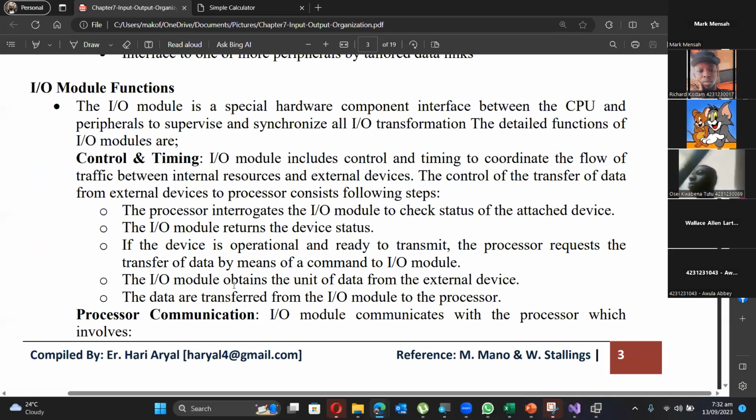The IO module obtains the unit of data from the external device. The external device is going to have its own format that it uses. The external device is going to have its own standard that it uses. The external device is going to have a signature from the brand from which it is coming.